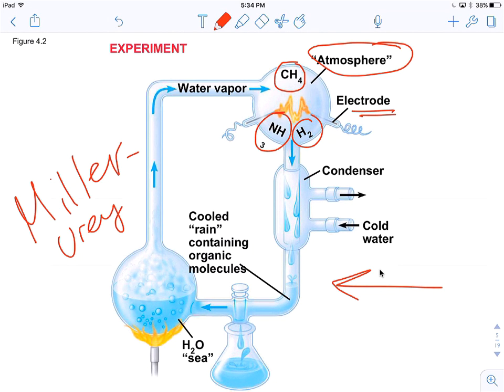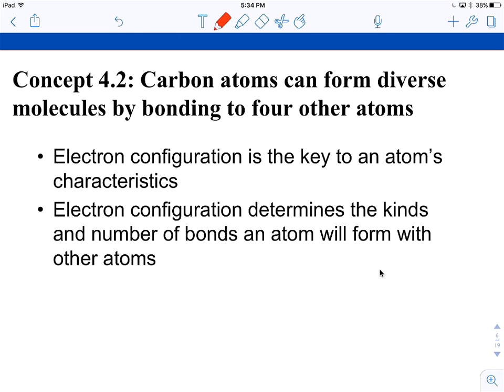And put some electricity through it, bazinga, run it through a condenser, which cools it off, and then drip, drip, drip, and you get some water here, and the water contains organic molecules. So it could happen. It may not have happened exactly like this, but we can make it happen. All right, so now we have our carbon compounds, or our organic compounds.